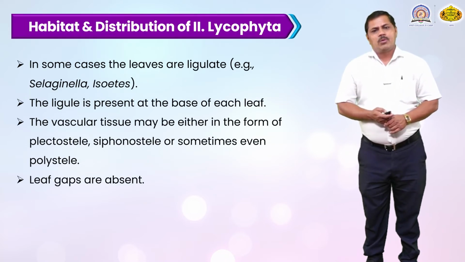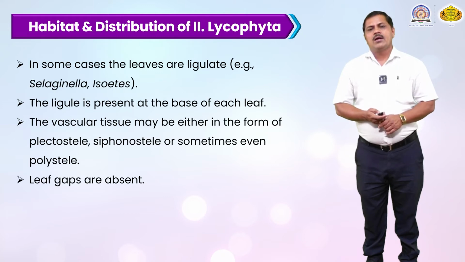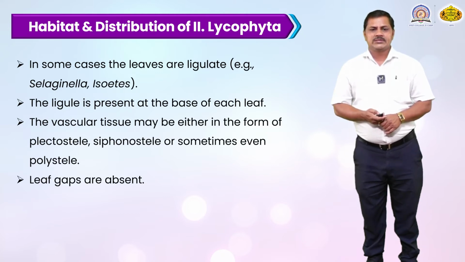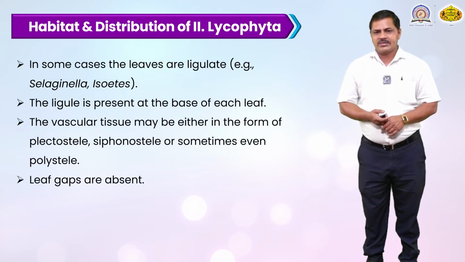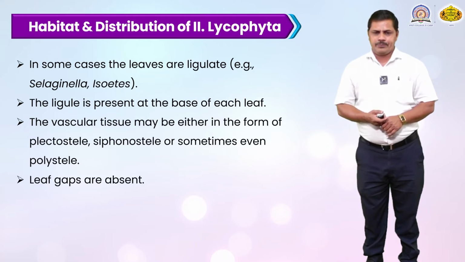Then another character: in some cases the leaves are ligulate, basically in Selaginella and Isoetes. The ligule is present at the base of each leaf.